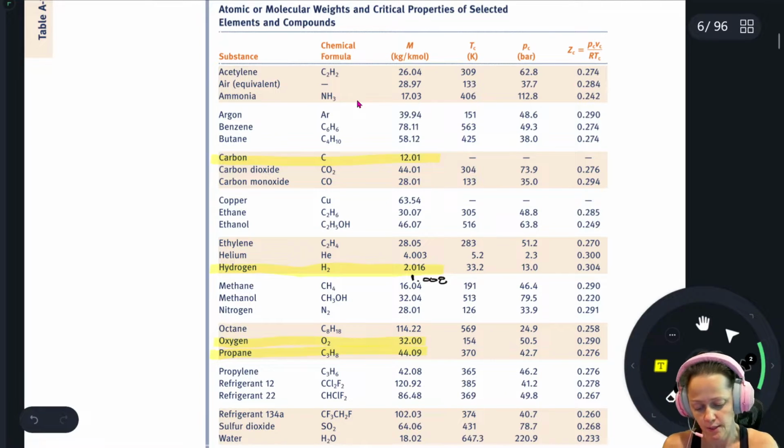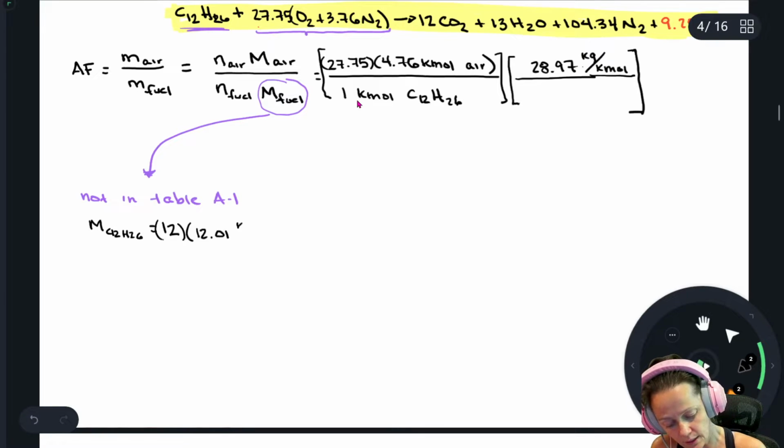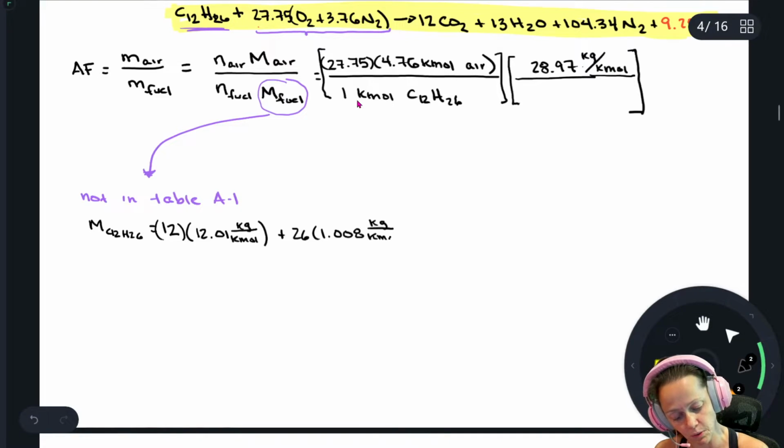So for the carbon, I've got 12 carbon with a molar mass of 12.01 kilograms per kilomole, plus 26 hydrogen at 1.008 kilograms per kilomole.